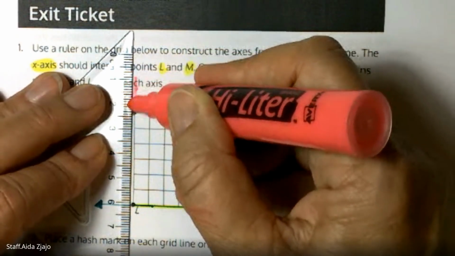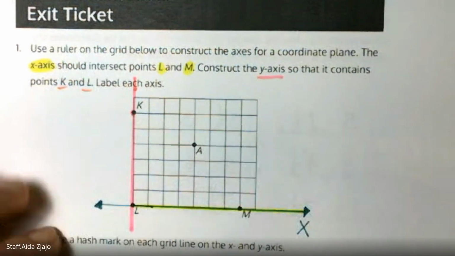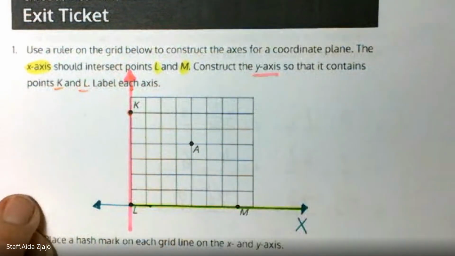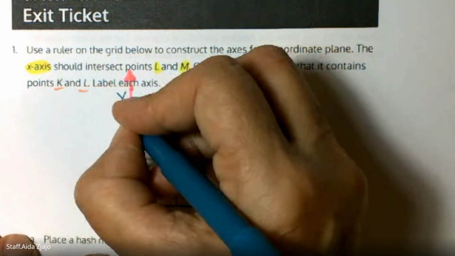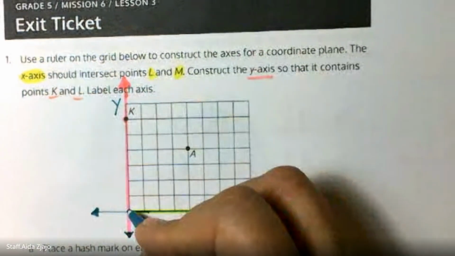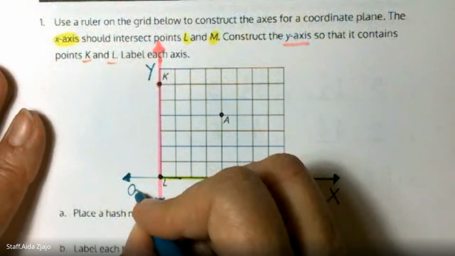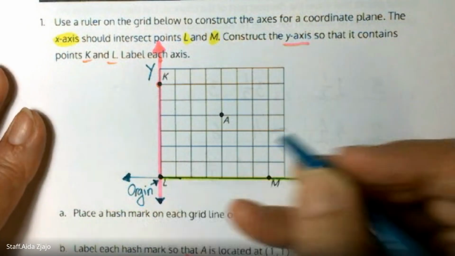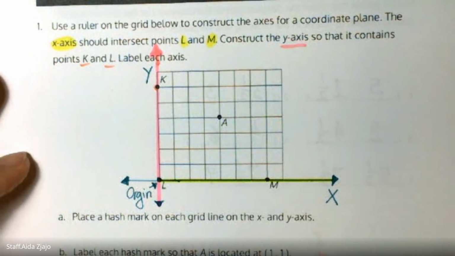The x-axis and y-axis intersect perpendicularly, and this is the y-axis. So L is actually their origin. The origin is point L. Okay, so we did that.